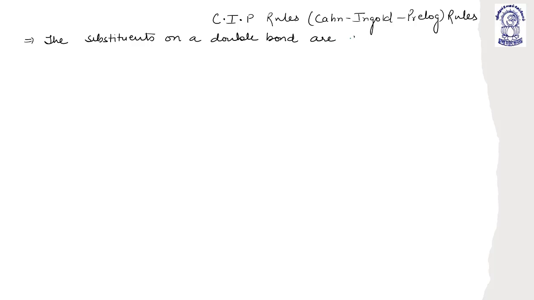The E configuration is assigned to the double bond in a certain case.